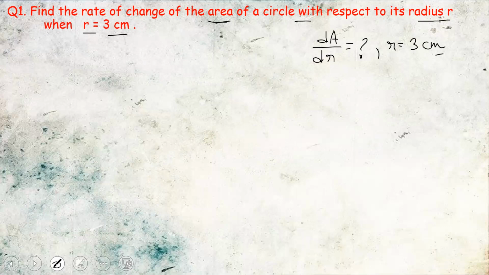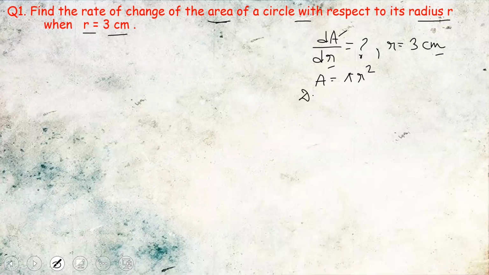Now what you have, that r is the radius and A is the area. Now what is the relation between A and r? A is equal to pi r square for circle. The area is pi into radius the whole square, that is pi r square.